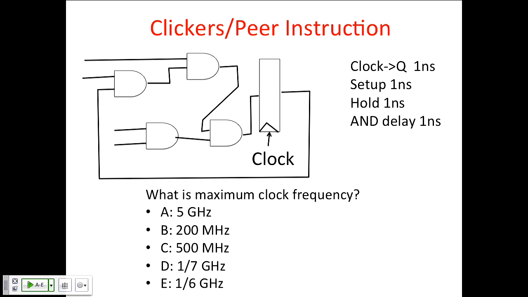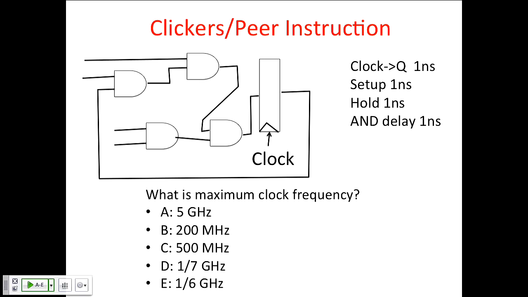So you have 1 nanosecond before this value shows up. And where does it go? Well, it looks like the longest path is through these 3 gates. So this single output here has to get through 3 gates before it can set up the input to the flip-flop. So if each gate is 1 nanosecond, you have to go through 3 of them in series.